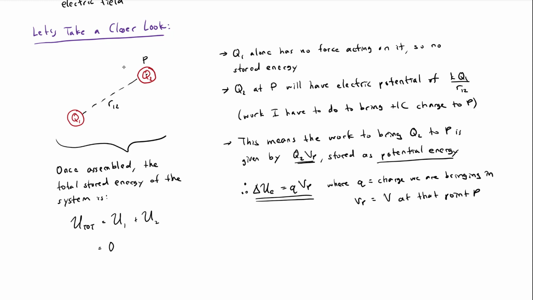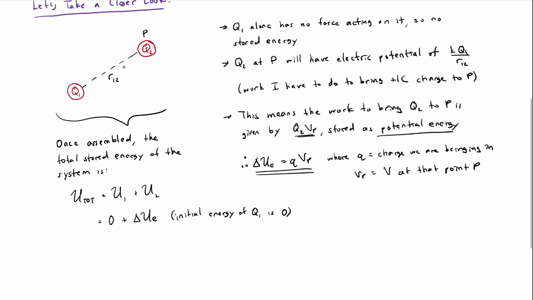We know that the first one is 0, and we know that the second one is going to be delta UE. So I can say the initial energy of Q1 is 0, and therefore this is equal to Q Vp.